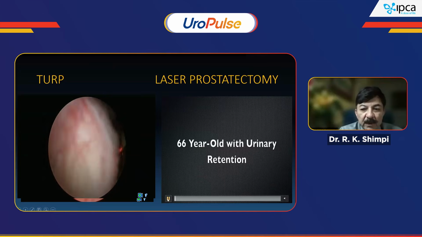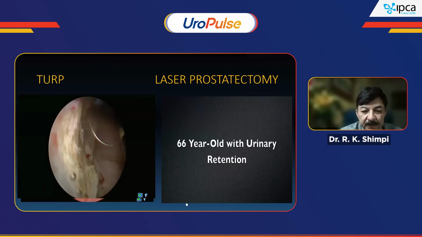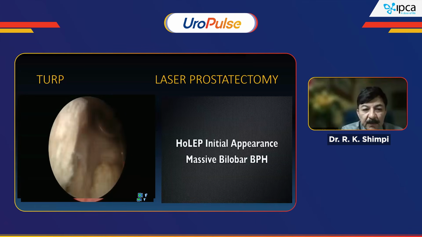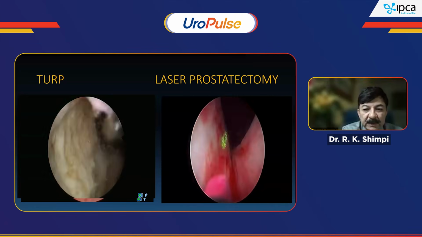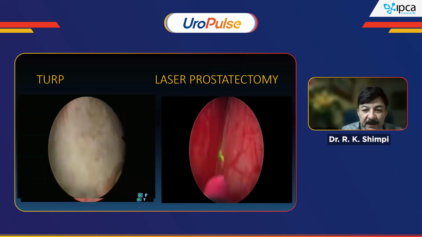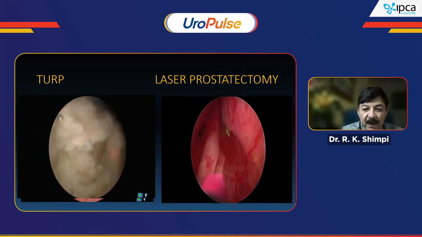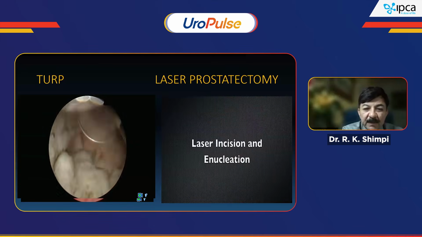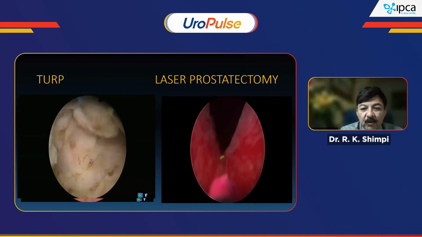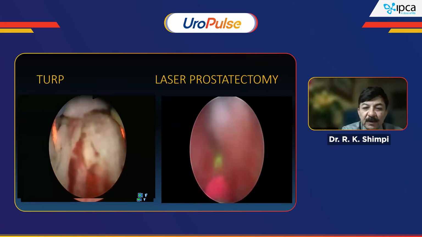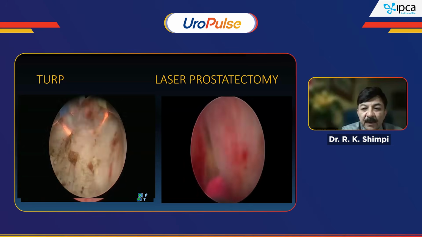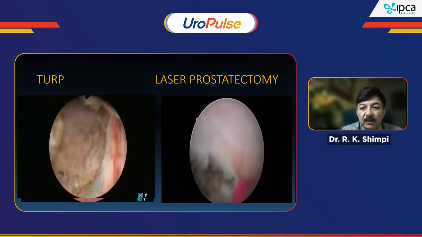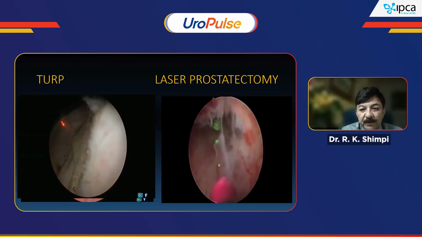Now this is how we do the resection using the laser. This is the laser fiber. You start cutting at 6 o'clock, and this is a pretty large prostate. So you start at 12 o'clock, make an incision, and then enucleate the lobe, which is then pushed back into the bladder. And later on, with the help of the morcellator, you can cut the lobe into small pieces and remove it.